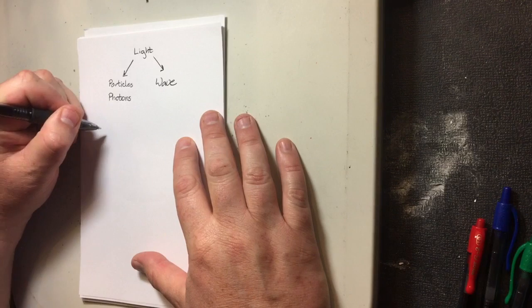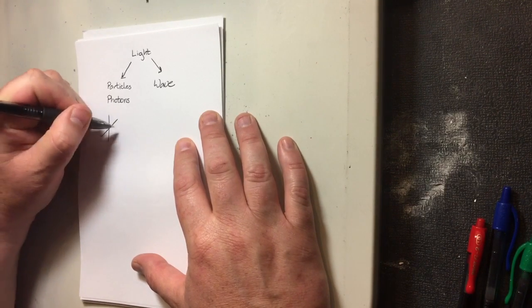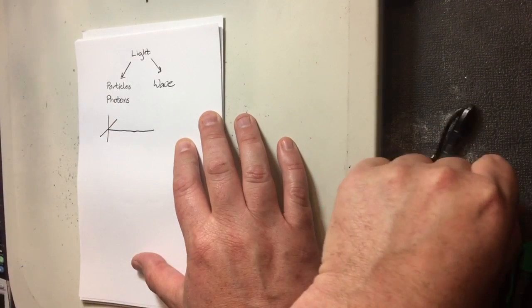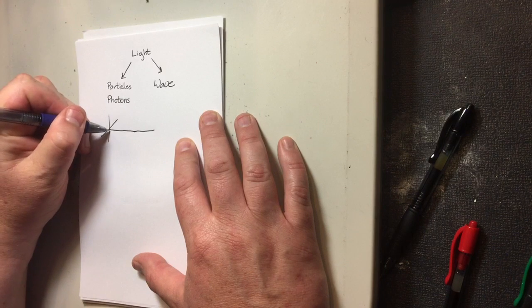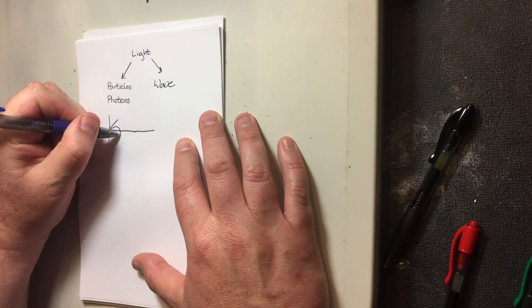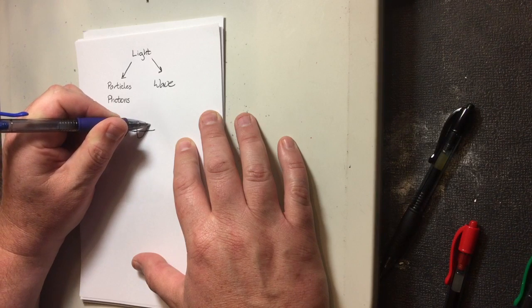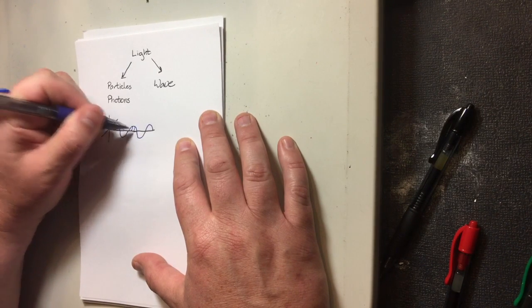With light, if there's ever a time you're going to buy a ruler and some pretty colored pens and pencils, now's the time.